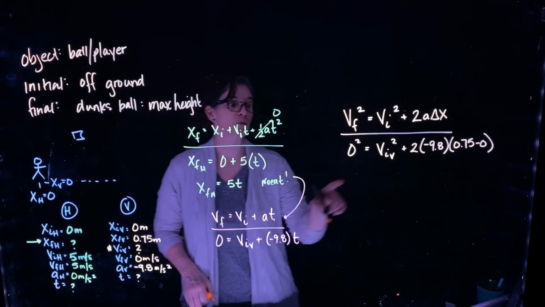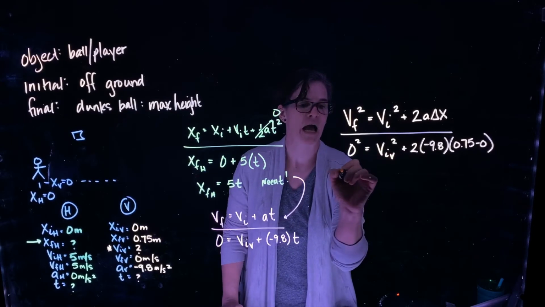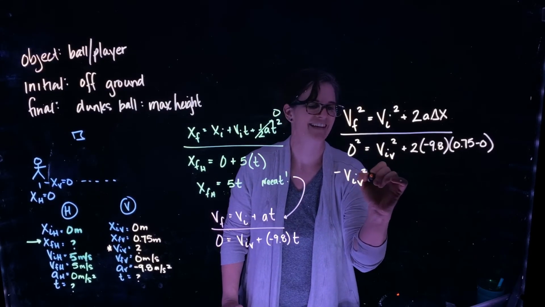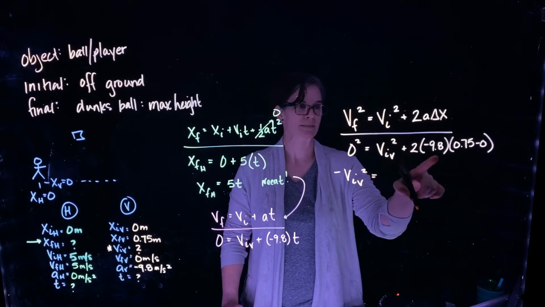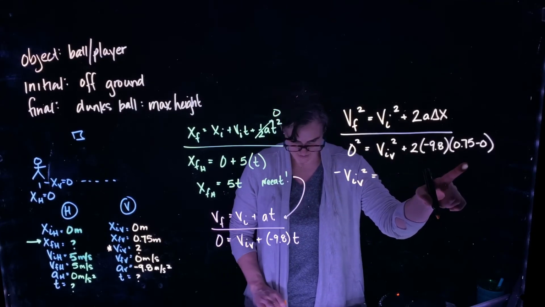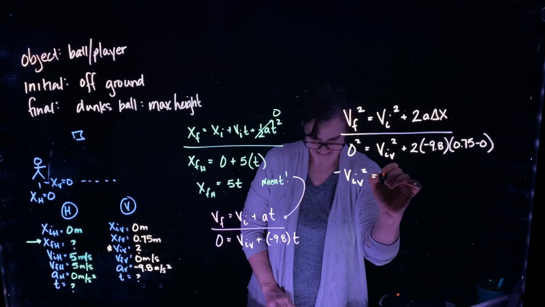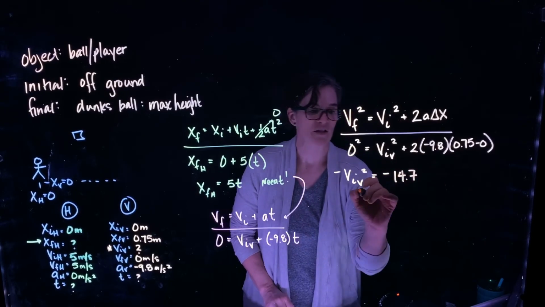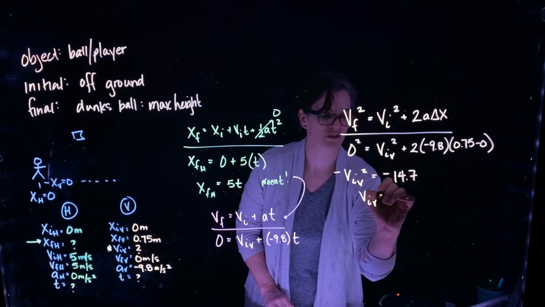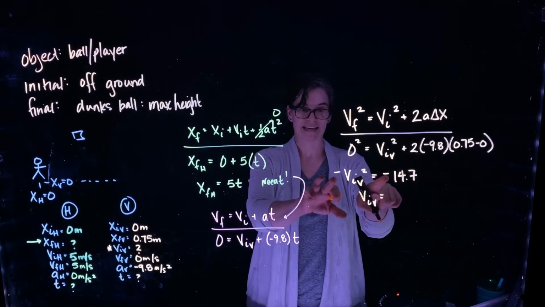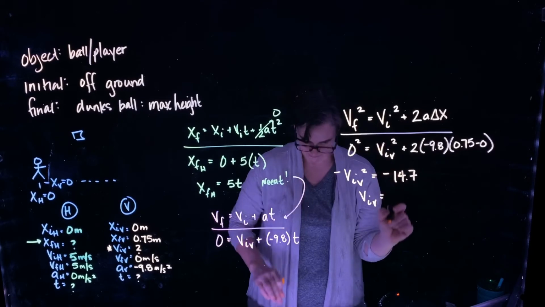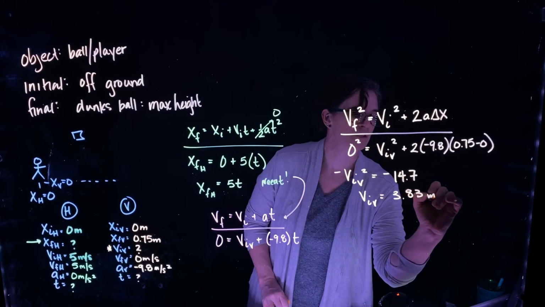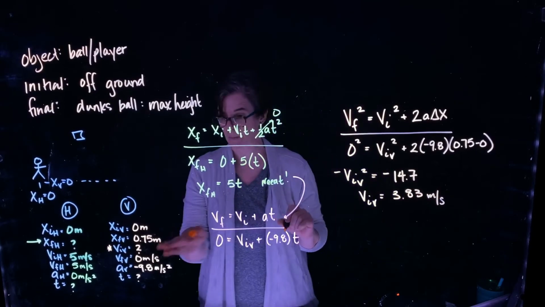All right, so I can solve for v initial. I get minus v initial vertical squared is equal to 2 times negative 9.8 times 0.75, which is negative 14.7. So my v initial in the vertical direction, if I take the negatives, they cancel each other out, take the square root, I get 3.83 meters per second. Well, hey, that was part B.